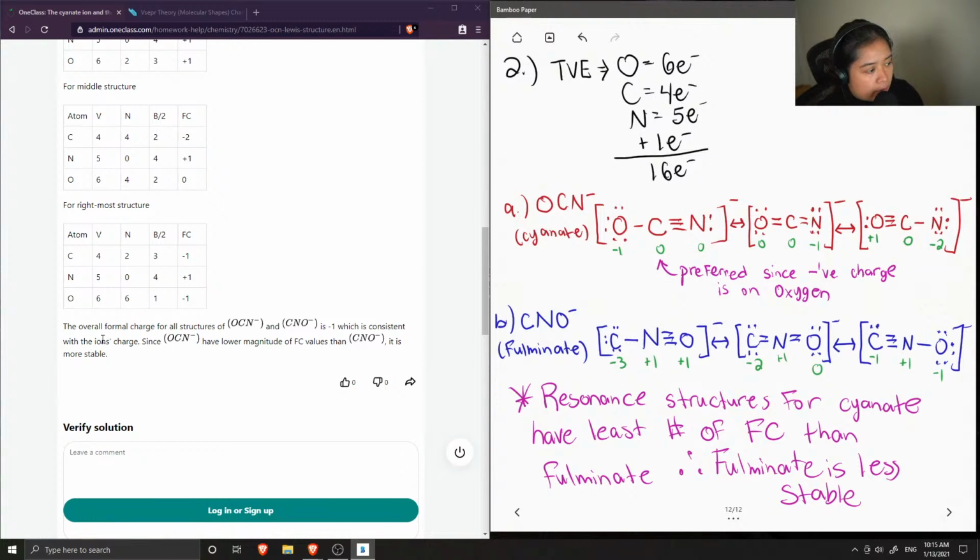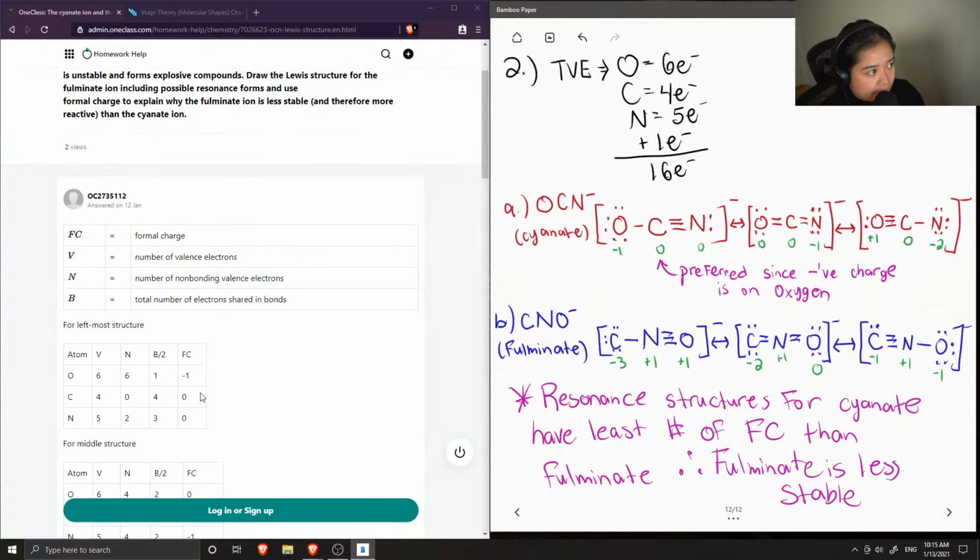The overall formal charge for all the structures is -1, which is consistent with the ion's charge. Since the cyanate has a lower magnitude of formal charge values than the fulminate, it is more stable.